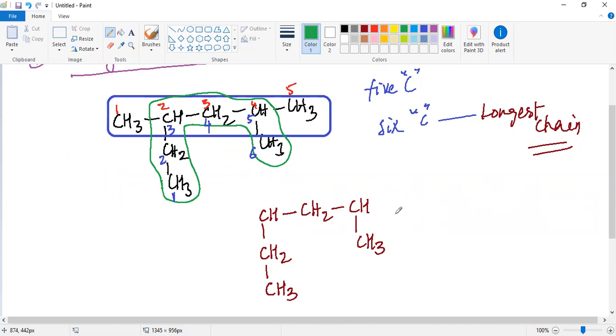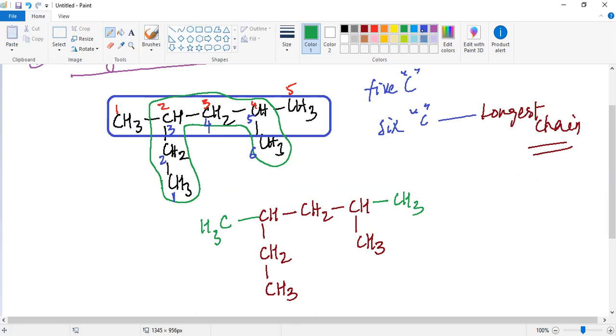Then we have the various branches, like one branch is here, another branch is here. Now you understand it. Now, my dear students, this is what is known as the longest chain.